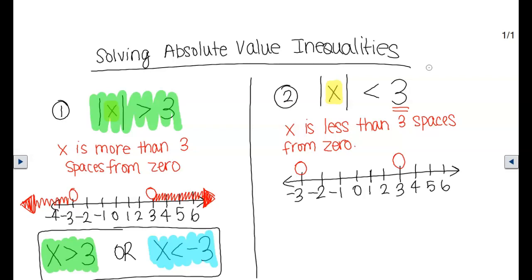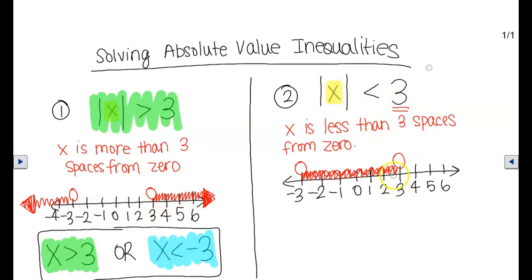Now, which numbers are less than 3 spaces from 0? Well, the answer is it's all of these numbers in between there. All of these numbers in between there are less than 3 spaces away from 0. So notice when it's greater, we're trying to get far away from 0, so we go out to the ends of the number line.